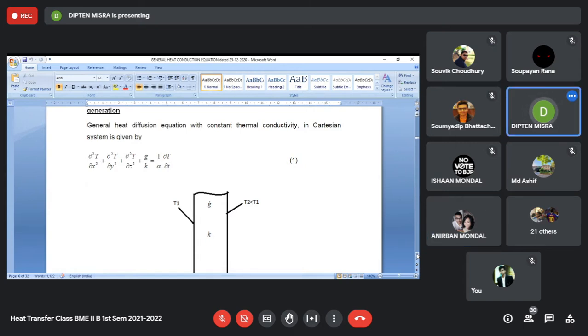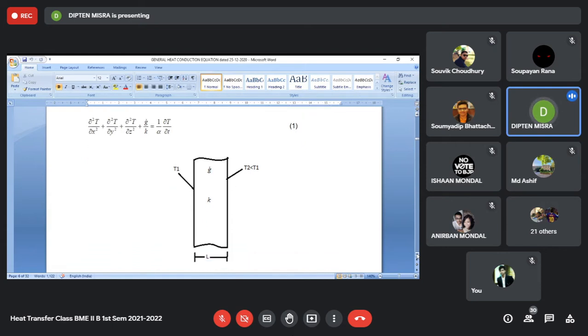things will be zero. Now, when we take 1D heat conduction, that means the heat is flowing in one direction only. Let's say that direction is this direction, and we call it X. There is a direction along which the thickness is small compared to the height and depth of the wall.